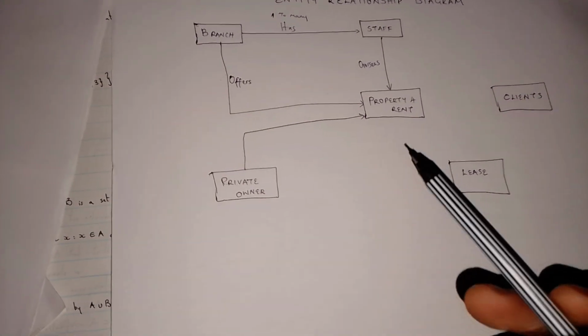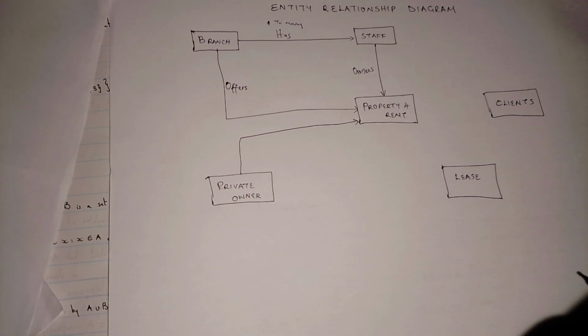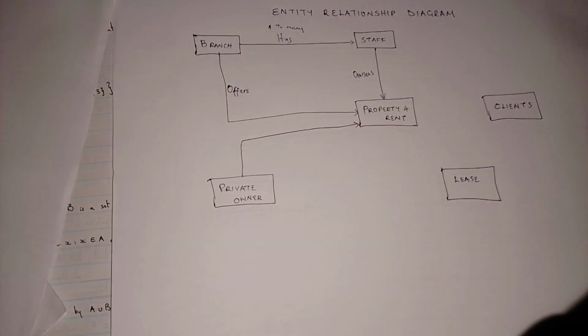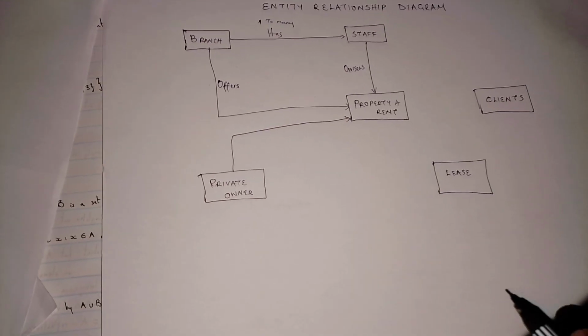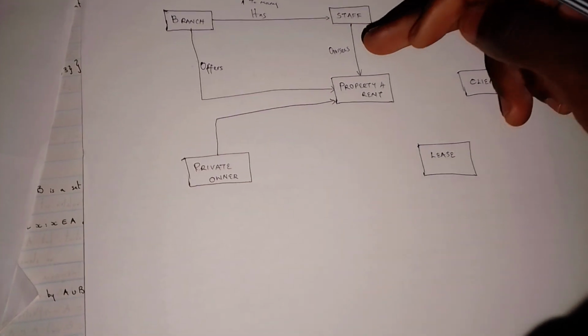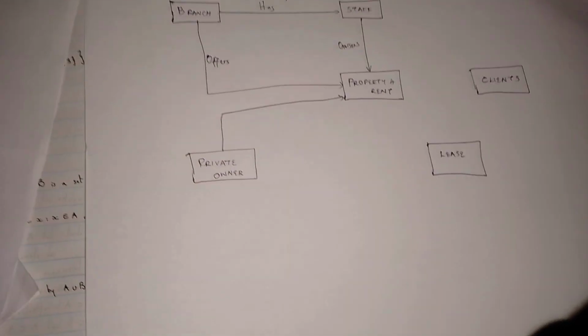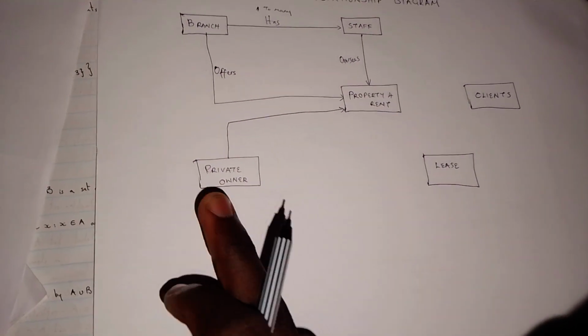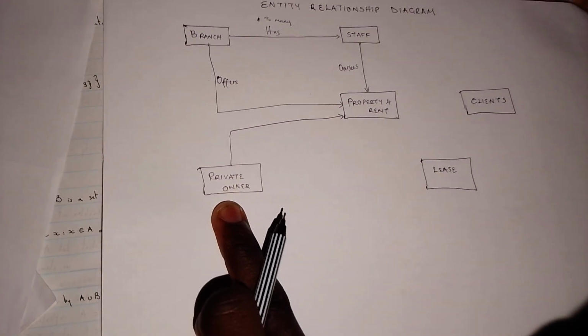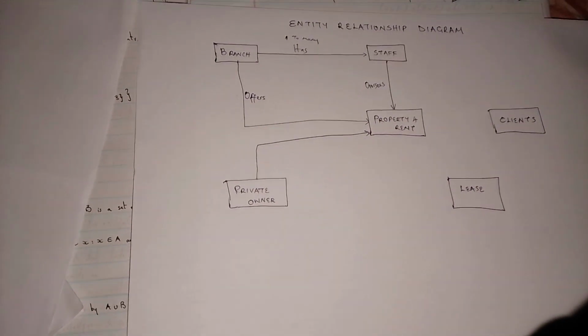So a property may or may not be owned by a private owner. Each property can be owned by one private owner, but one private owner can own many properties.